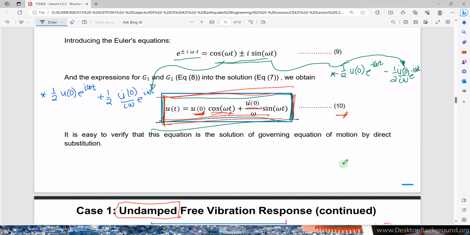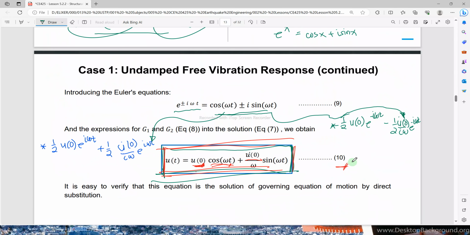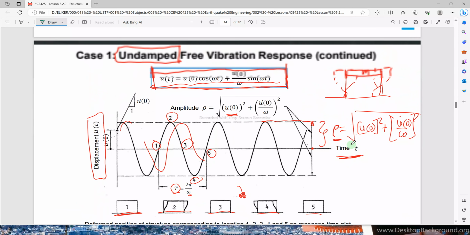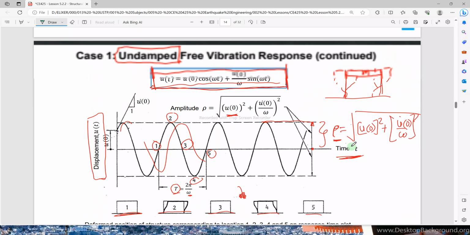Now we apply these Euler equations to the general equation we solved last time for u of t. Then we were able to solve for the equation of motion, the displacement as a function of time, as something like this. Since that is a free vibration response, we consider the amplitude.